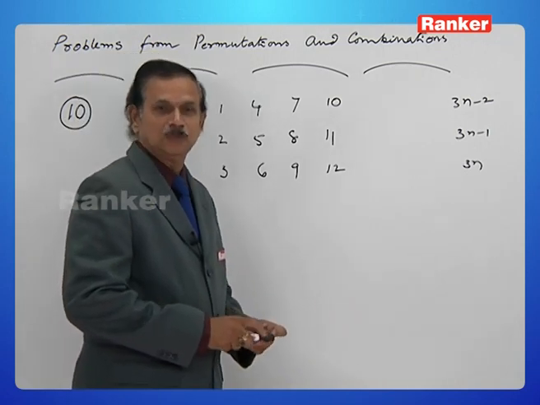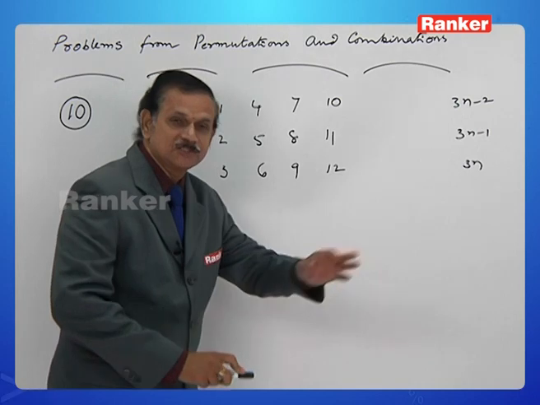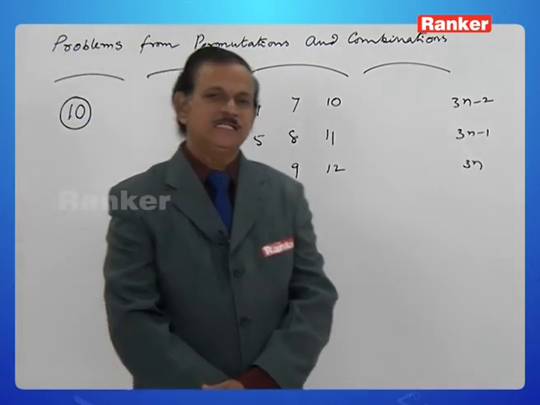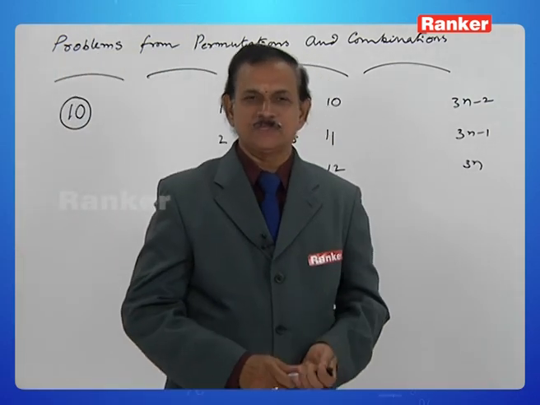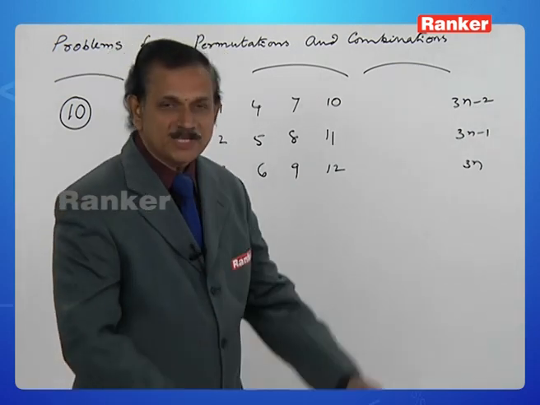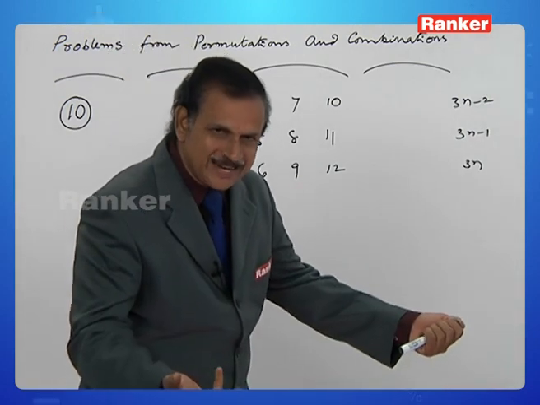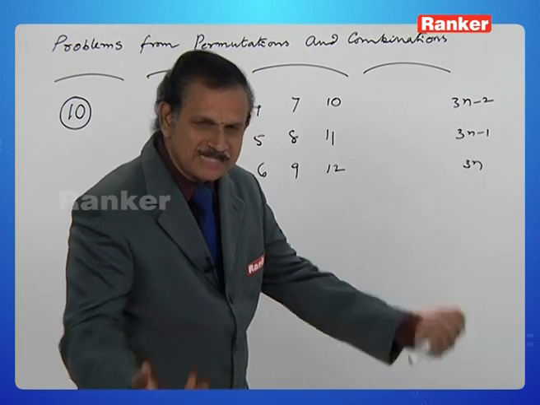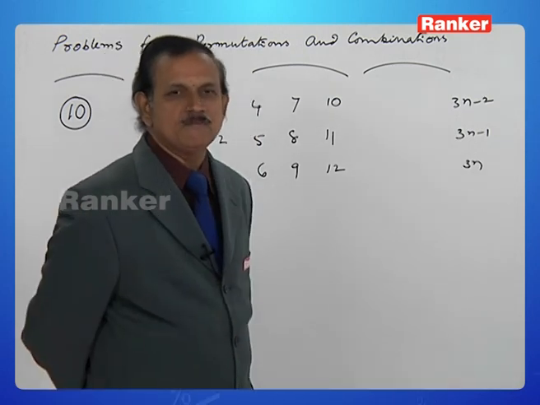Like this, I could have listed all the numbers from 1 to 3n. Then what type of benefit are we going to get by listing the natural numbers like this?